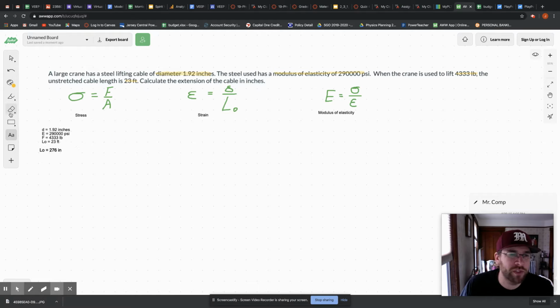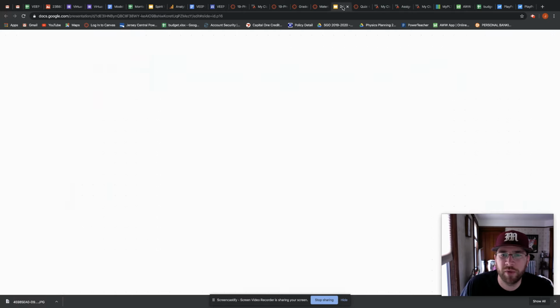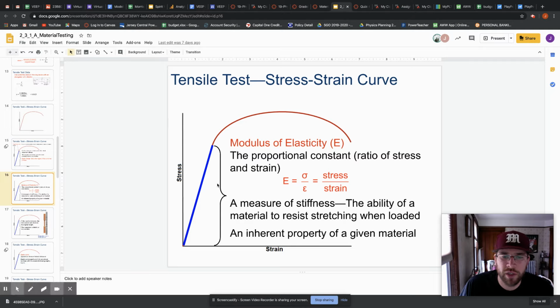So what do I actually want to find? The problem is telling me to find the extension of the cable in inches. We could use this modulus of elasticity equation that's using stress and strain.